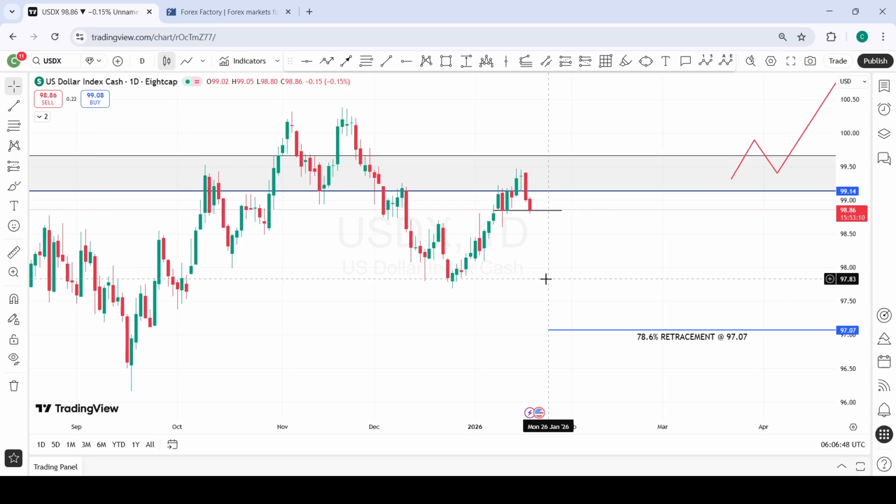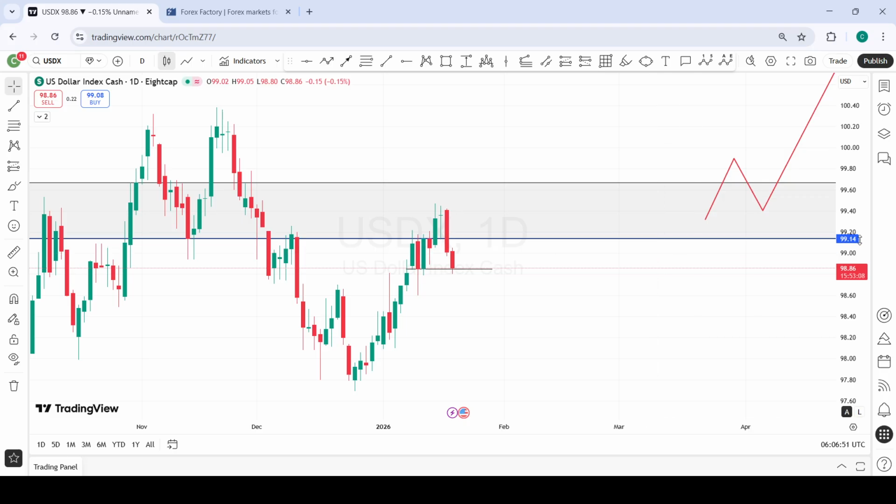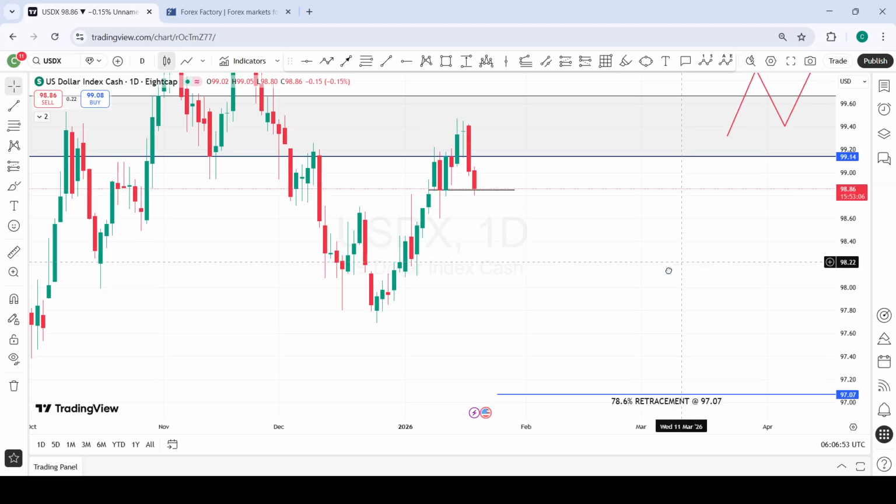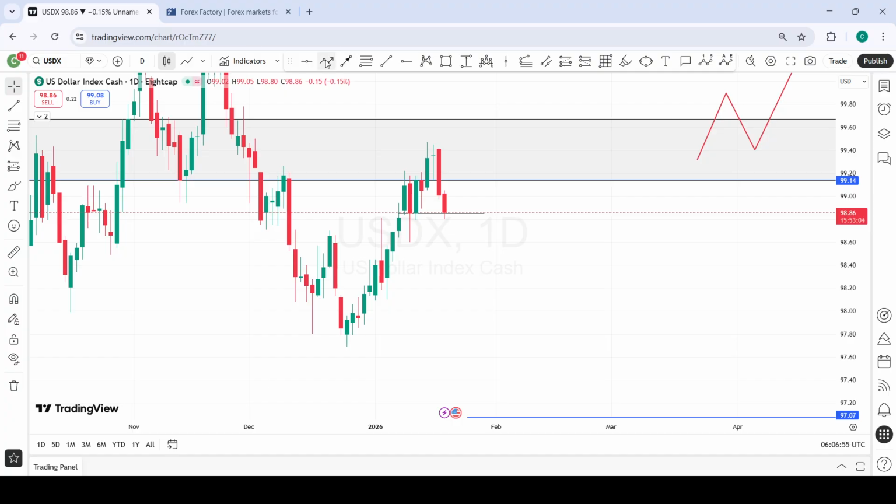So should we get a daily structural shift here, we'll be looking out for sells for DXY. Should we get a daily candle close below this daily structure point, we wait for a possible lower high or a possible right shoulder and look for selling opportunities to the downside.